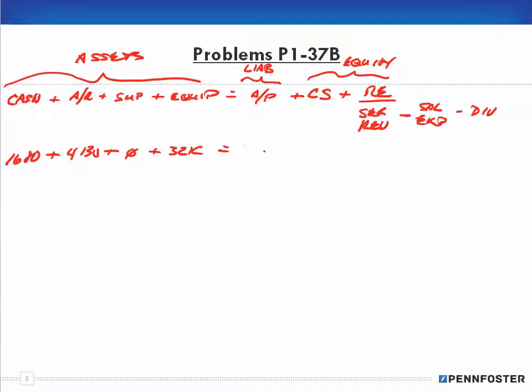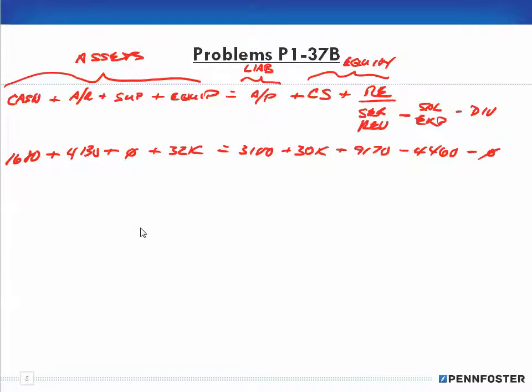That's going to equal 3,100 for accounts payable, plus 30,000 for common stock, plus 9,170, less 4,460, minus 0 in dividends. So what we're doing here basically is we're starting out in the middle of the accounting period. We have balances in some of our ledger accounts, and then we're going to continue to add transactions.